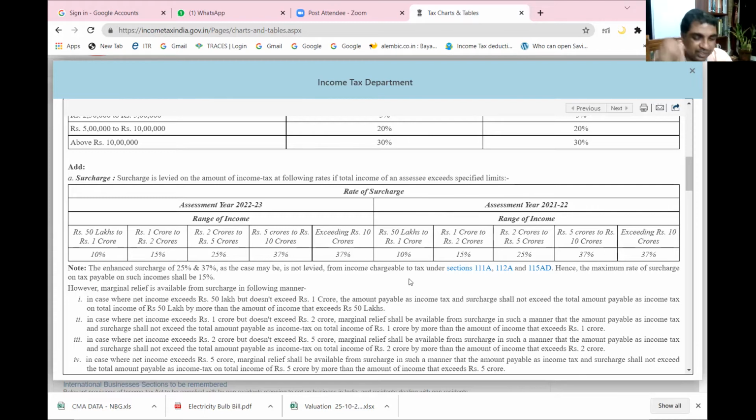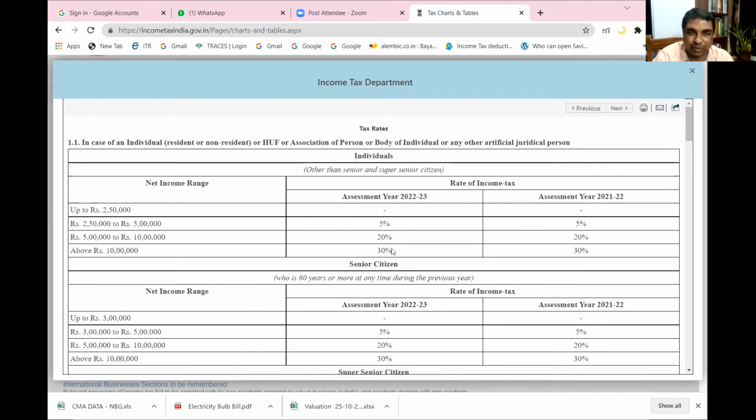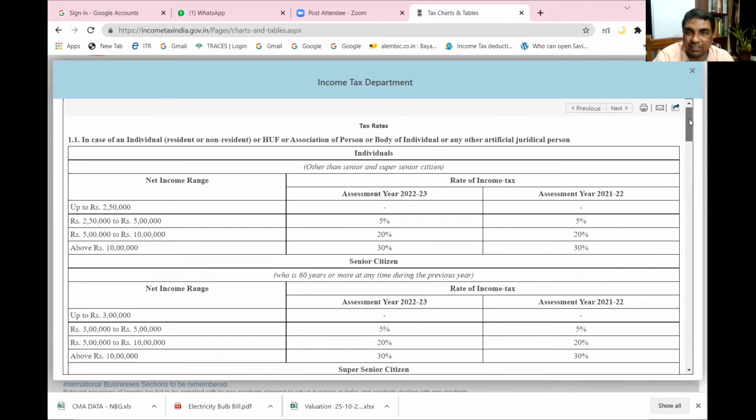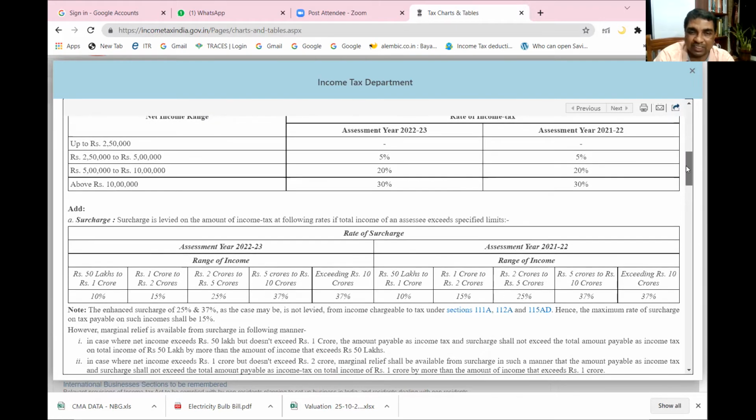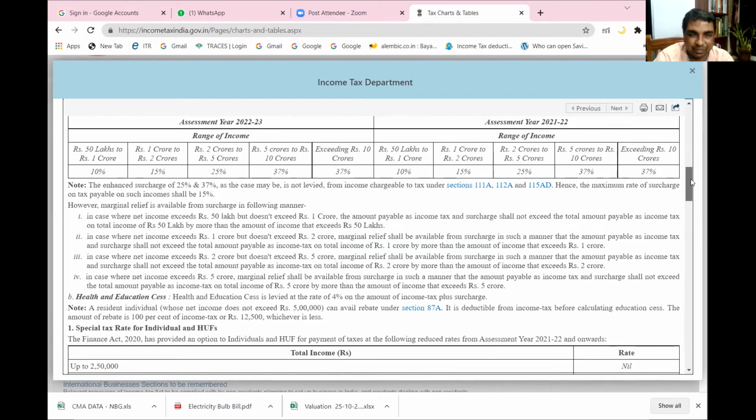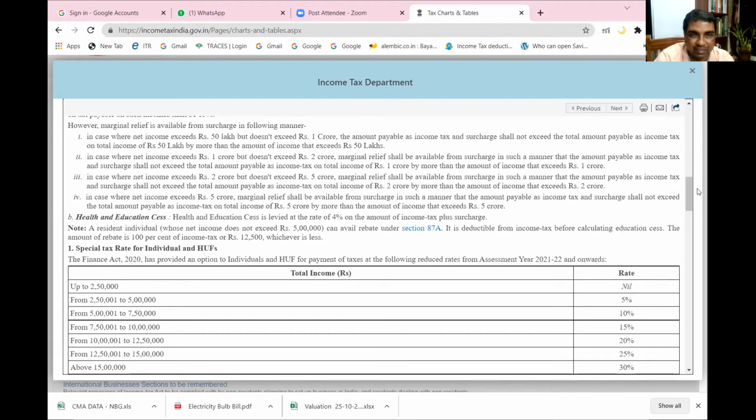Friends, earlier we have seen that even if the tax slab is 2,50,000 for individuals, there is a concept of relief under section 87A. Have you remembered? It is applicable to resident individuals whose income doesn't exceed 5 lakh rupees.